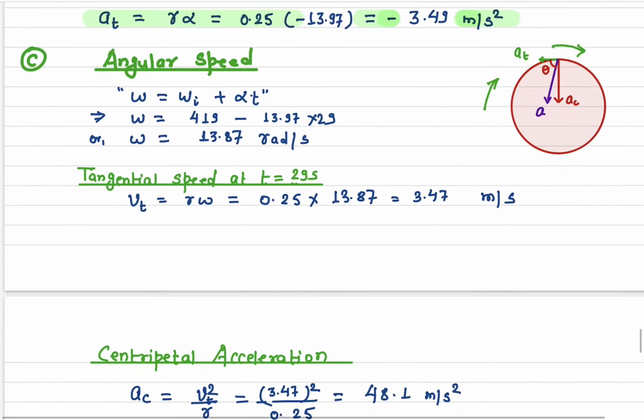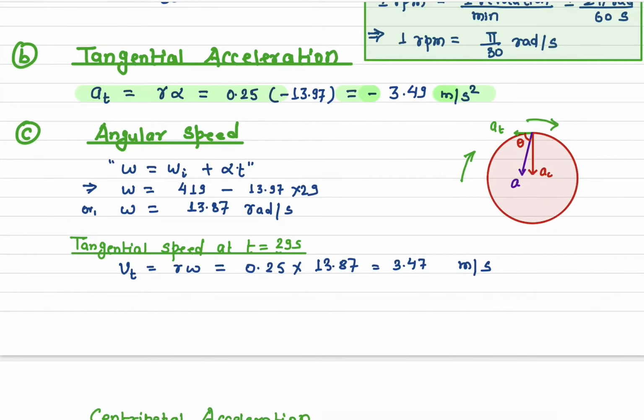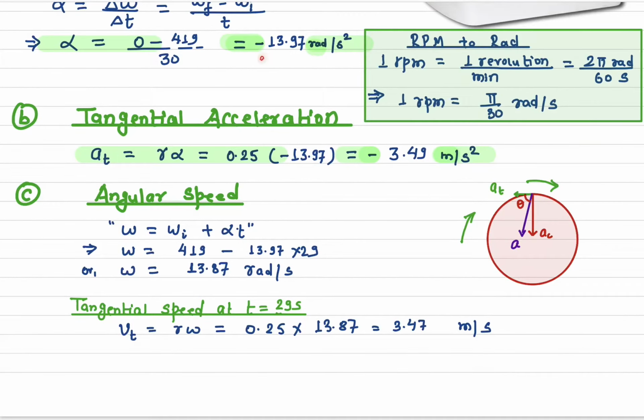So the time is 29 seconds, the initial angular speed is 419, and the alpha we just calculated is 13.97. If you plug in, what you get is 13.87. That's the angular speed.